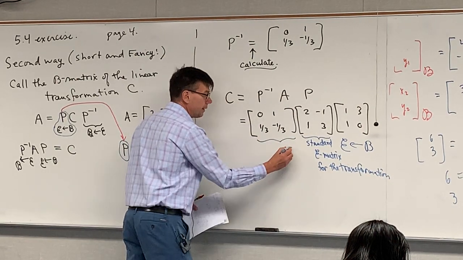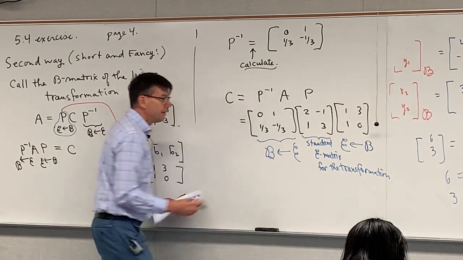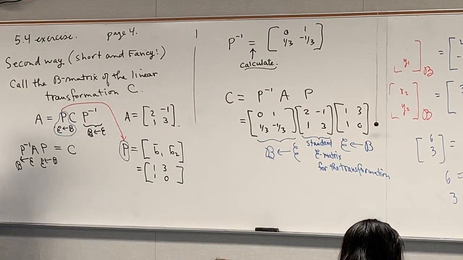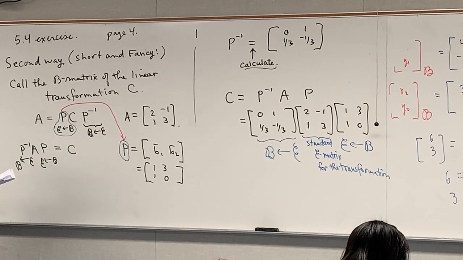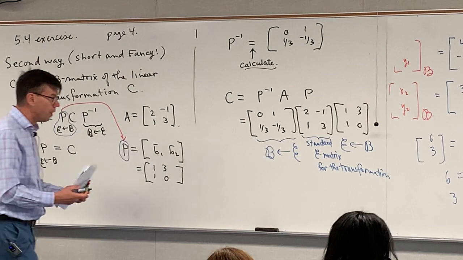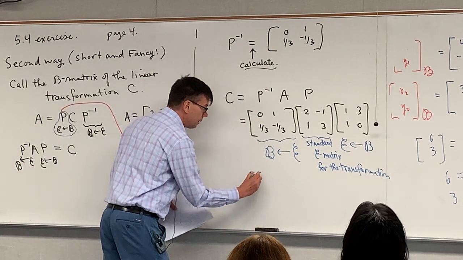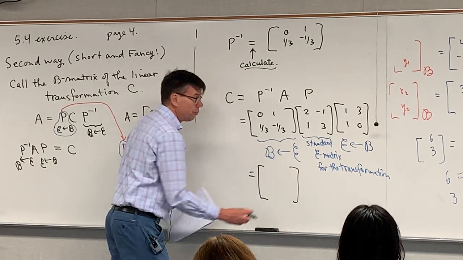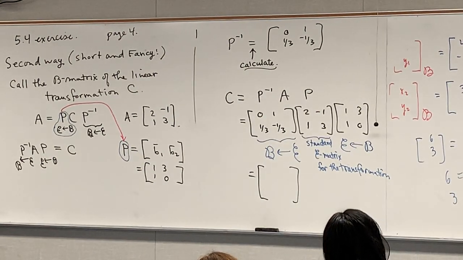And this one is going to take our E coordinates back to B. That's the thing you want to think about. And again, you can plug in a specific vector and watch what happens. When you multiply all this out, guess what we get? It's on the board somewhere. It's just this, okay?